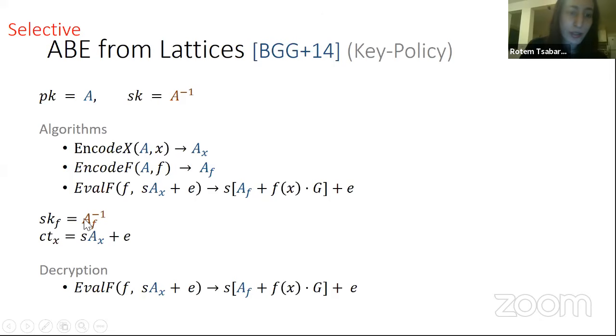Then, using the trapdoor for A sub F, we can get rid of the parts that make the decryption hard. I don't want to get into more details right now, but this is at a high level the mechanism of the BGG+14 construction. Okay.